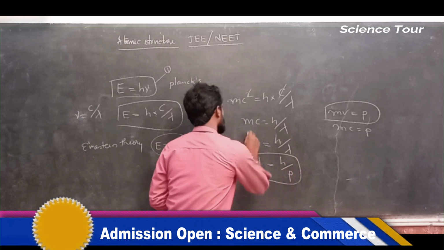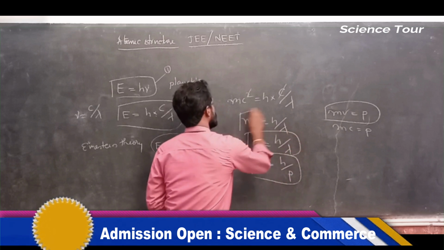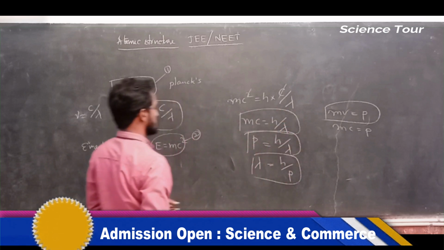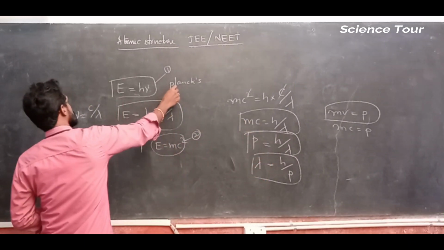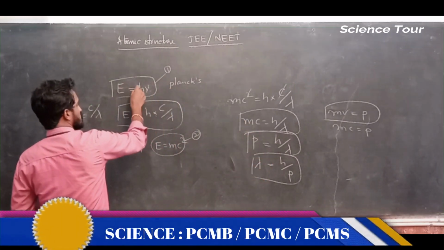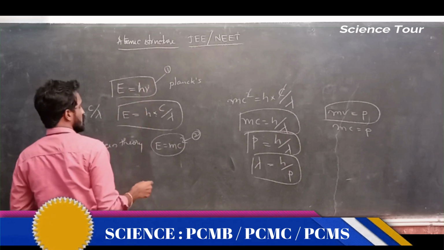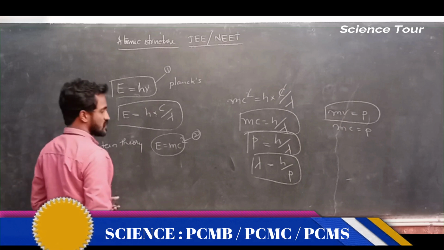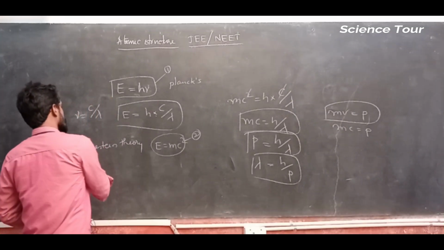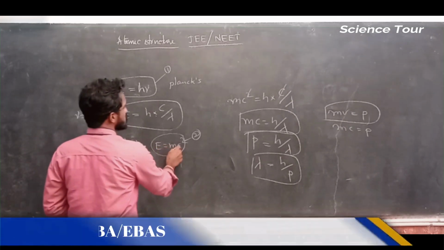See, in total how many formulas did you get? These many formulas are there: 1, 2, 3, 4, 5. Using Planck's theory, the energy of one packet of light is h nu, and in nu you substitute c by lambda, since frequency is the velocity of light divided by wavelength. According to Einstein's theory, E is equal to mc square.